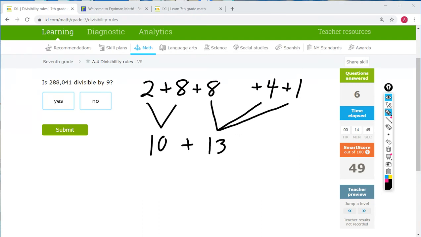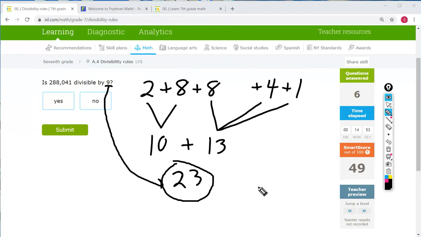So we have 10 plus 13, which is 23. And now we're going to ask ourselves, does 9 go into 23 nicely? And no, it does not. And therefore 9 also does not go nicely into 288,041. So the answer for this one is going to be no.